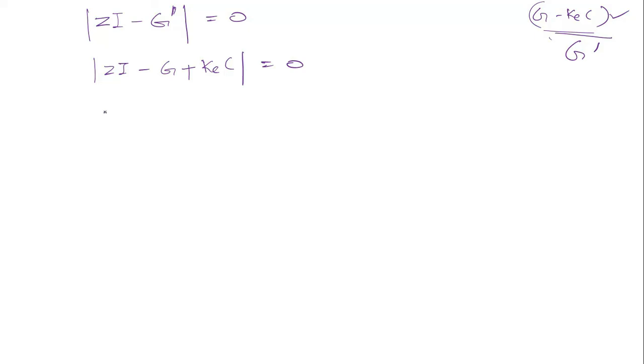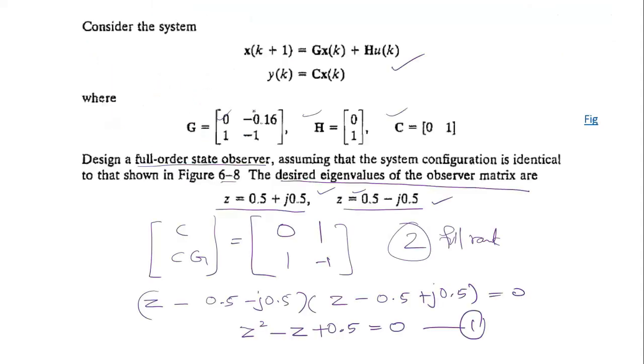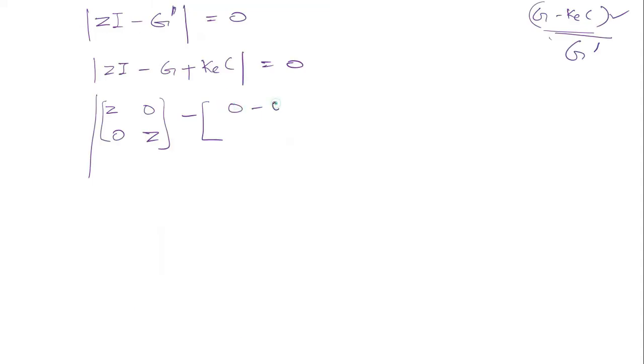Here it's a 2 by 2 matrix, so take zI as z 0, 0 z. So the determinant of zI minus the G matrix, plus the KE matrix. For KE just take K1, K2 since we have 2 states.